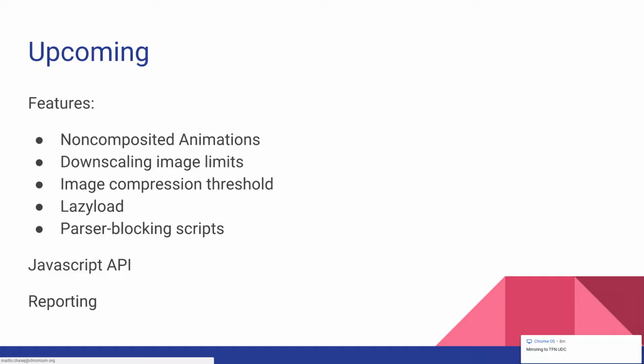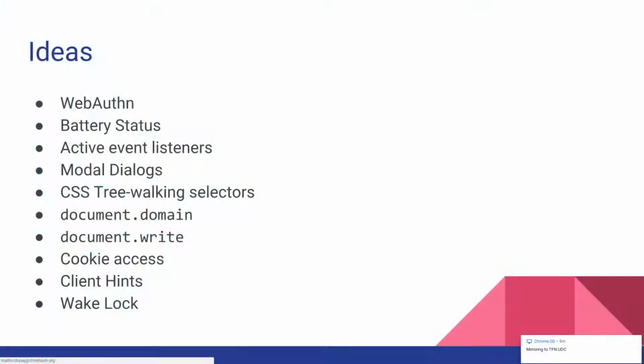In addition, we are planning to support JavaScript introspection with feature policy, as well as reporting systems when a feature policy is violated. And here is a list of ideas we have in mind, such as web authentication, battery status, and etc. If you have any interesting ideas, please feel free to reach out to us.